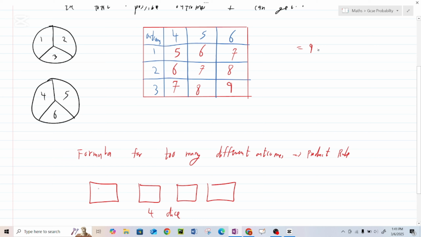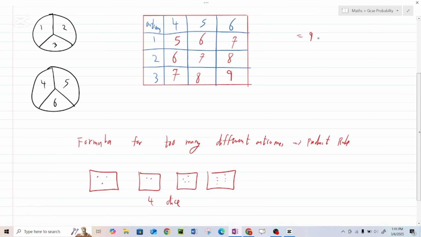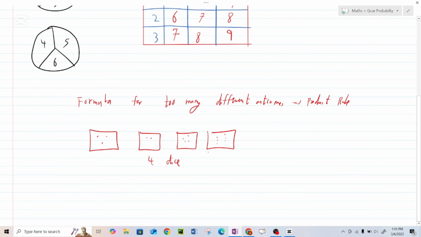Let's mark them, 3, 2 here, 4 here, 6 here. How many different number combinations can I get?